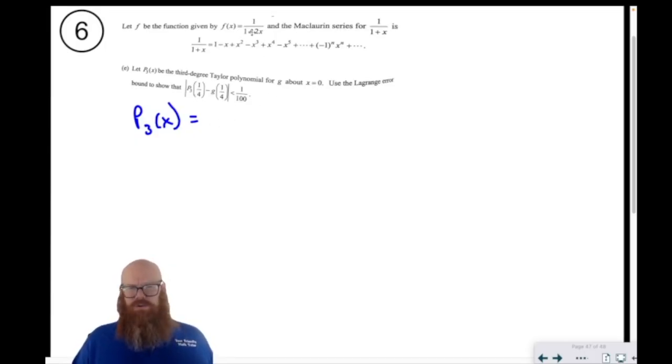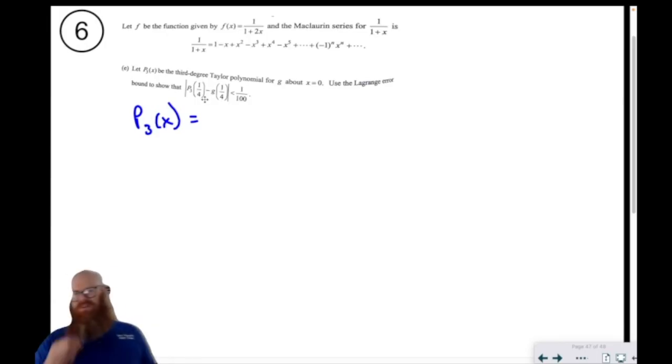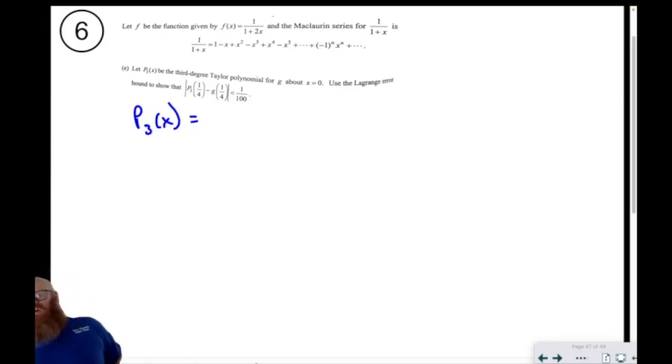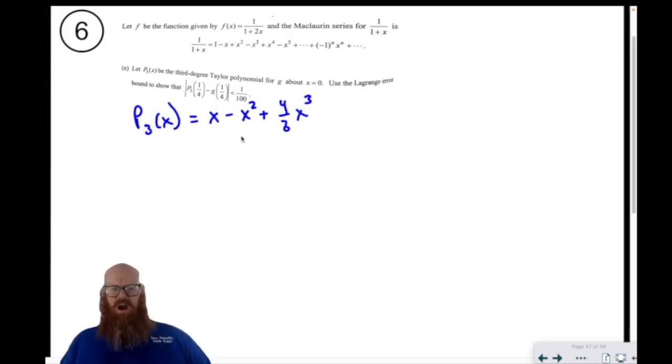And all we did was we plugged in 2x here to figure out what f was, and then we took the integral or the antiderivative, and it gave us x minus x squared plus 4/3 x cubed. All right.